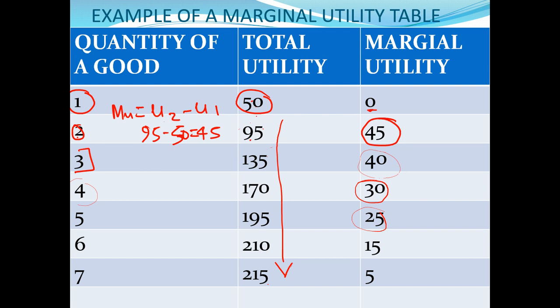So that is the concept of diminishing marginal utility.